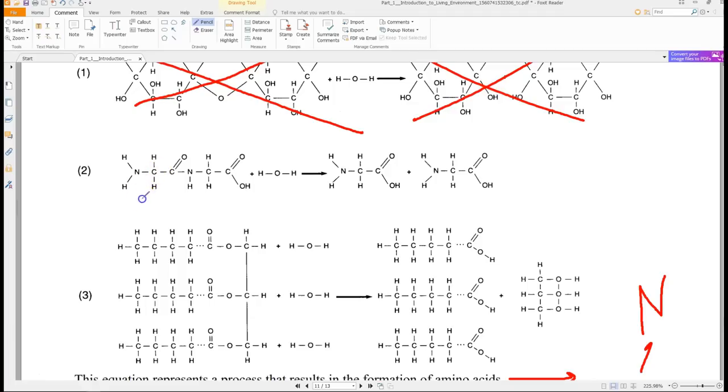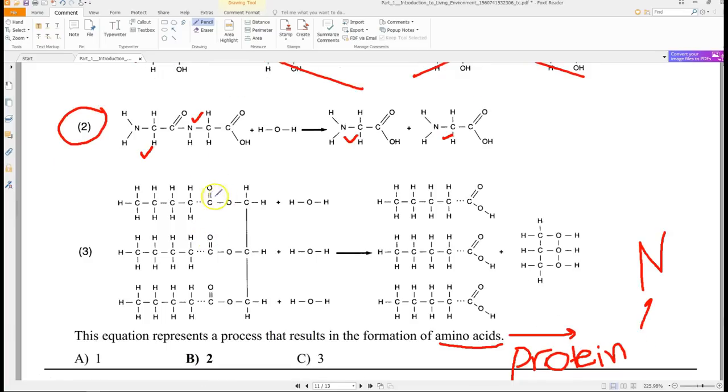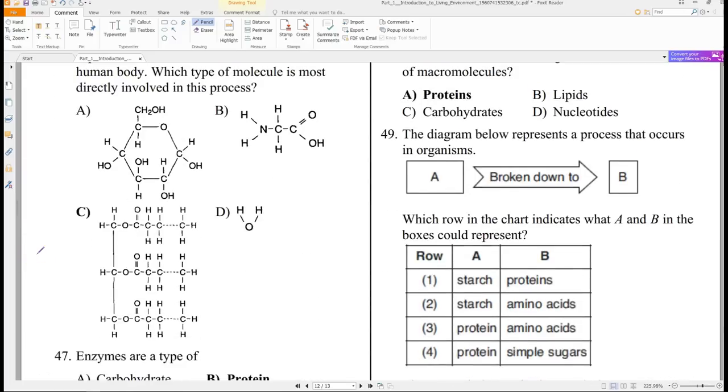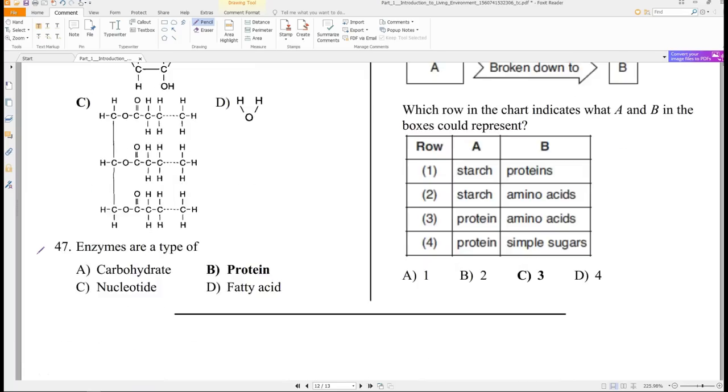Let's see here. Here's a nitrogen. Nitrogen. Nitrogen. This one's looking good. Let's see down here. Nope. No nitrogen here. No nitrogen here. So it is choice 2. N for protein, nitrogen. All right.